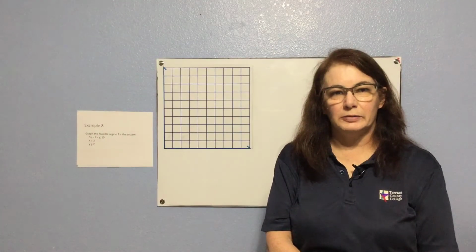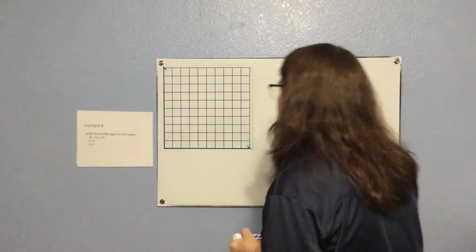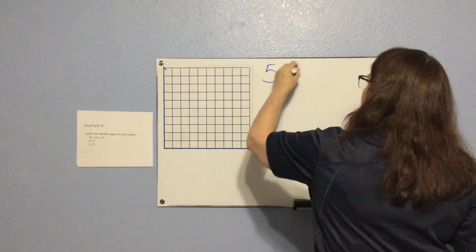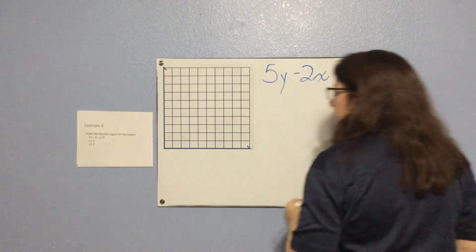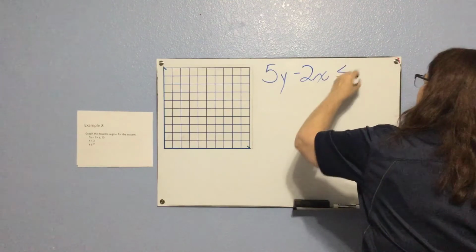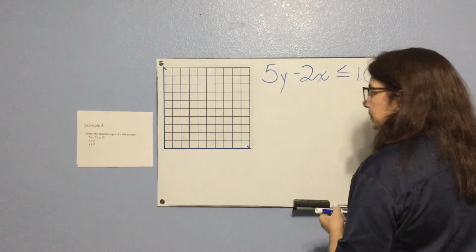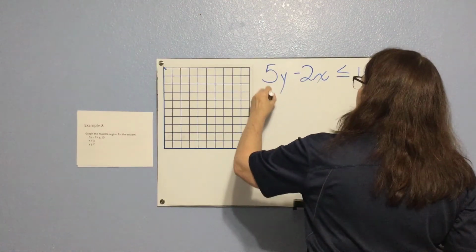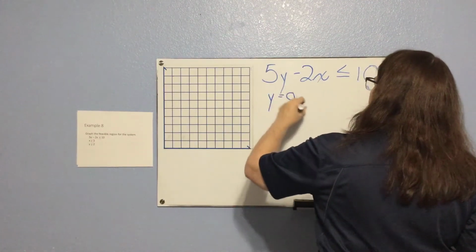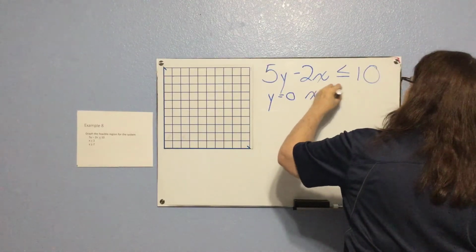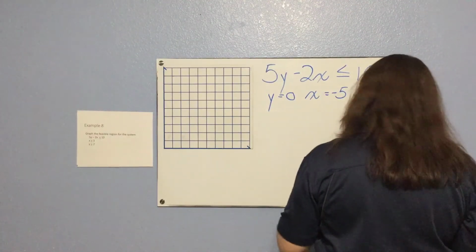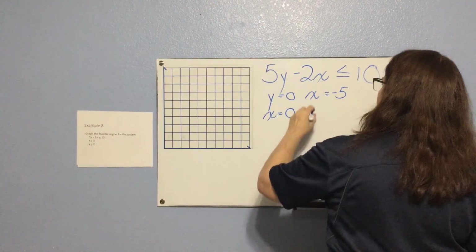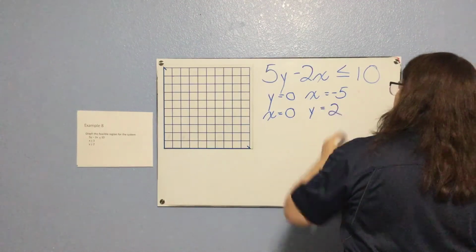Let's graph another feasible region. Here I have 5y minus 2x less than or equal to 10. So again, if y were to equal 0, then x would be -5. And if x were equal to 0, then y would be 2.